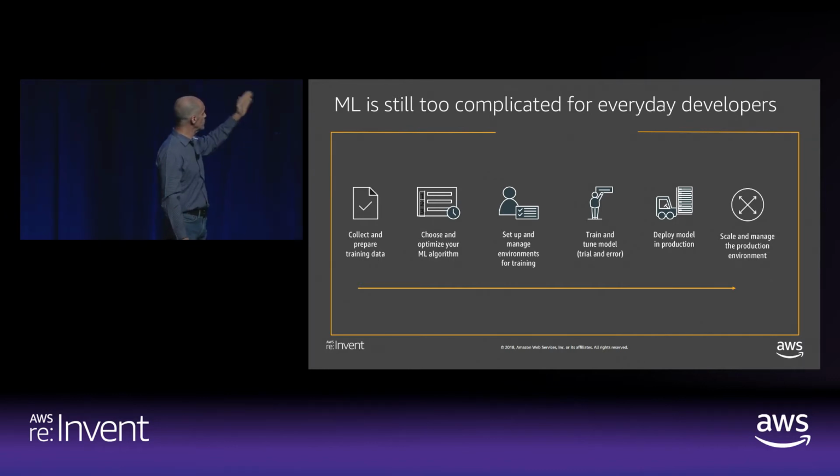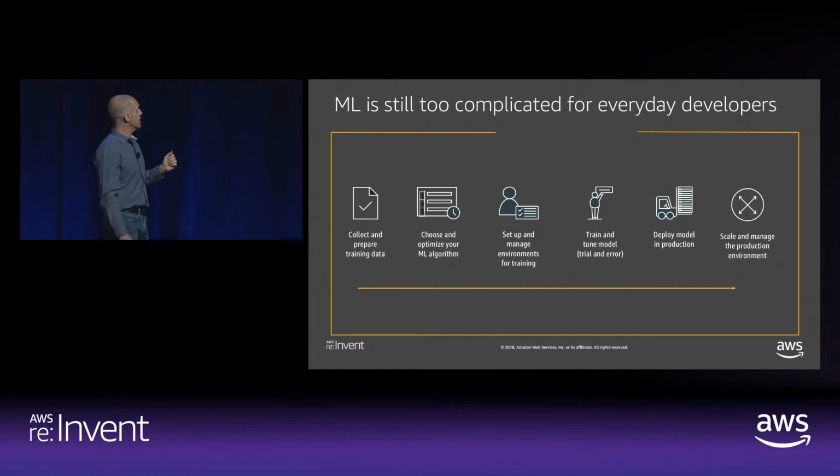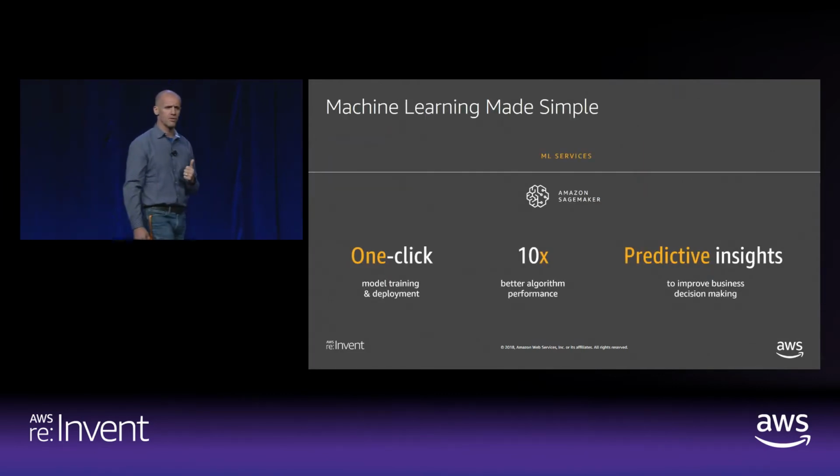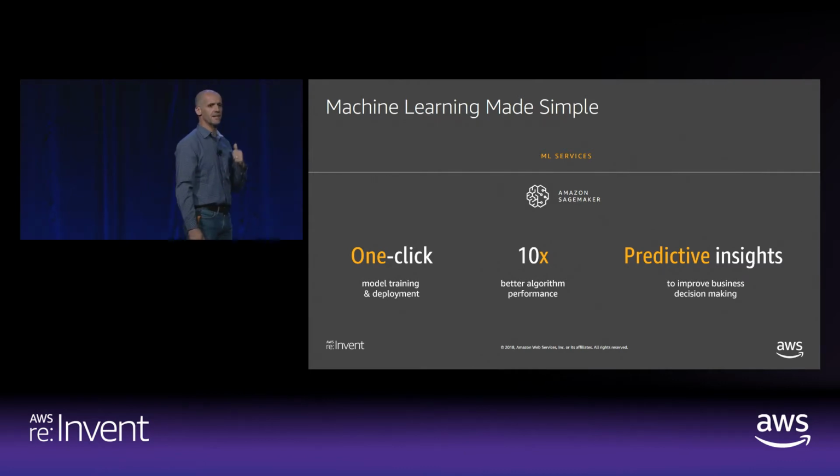From data preparation to the choice of algorithm, to the management of environments for training, the tuning, the deployment in production. And there's a continuum that goes from science to engineering. And our customers told us that this is hard. And so we built SageMaker to make this simple, to really take the pain out of this process. Why?